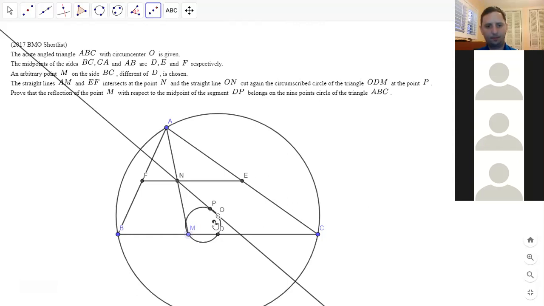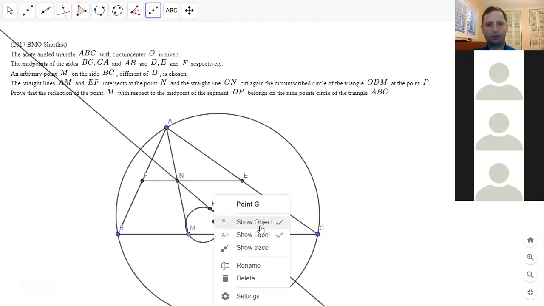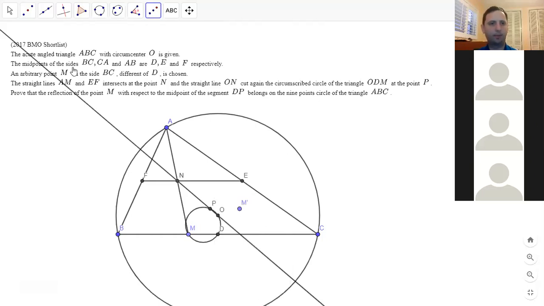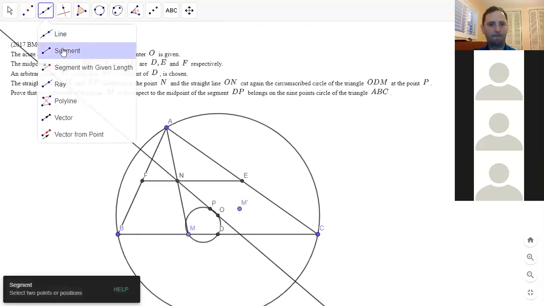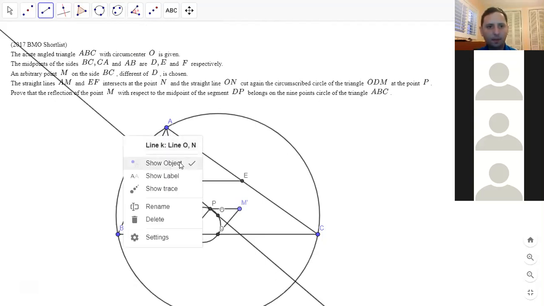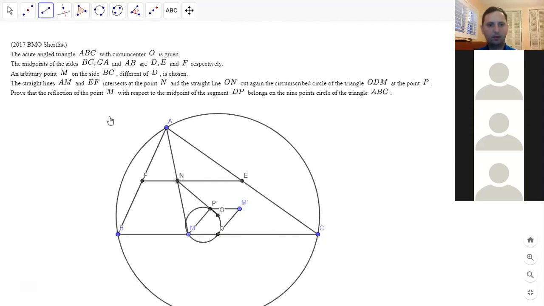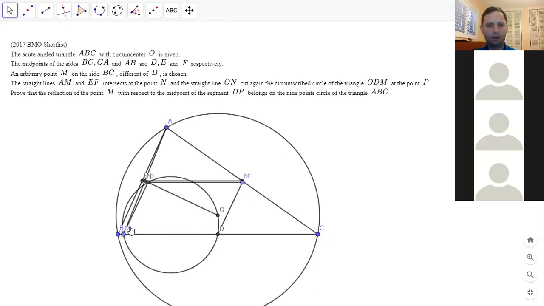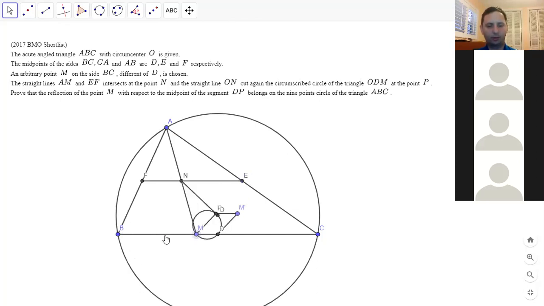Okay. So yeah, I don't even know if it's worth drawing that point for now. We just know that this is a parallelogram. We're saying that's on the 9-point circle of ABC. Okay. That's kind of interesting. So as I move M around, this should trace out the 9-point circle.